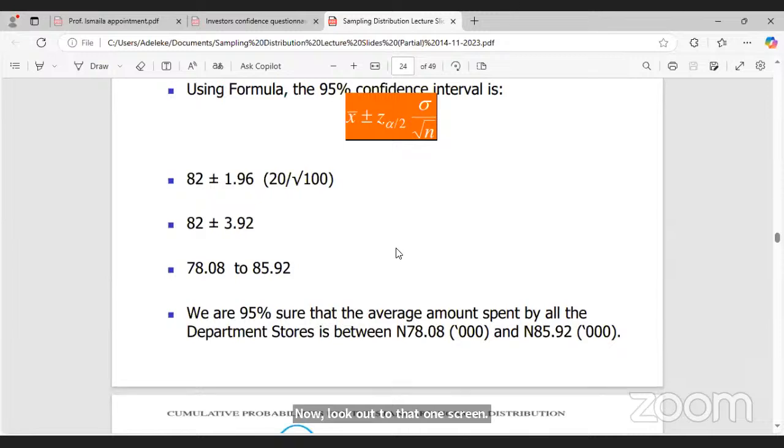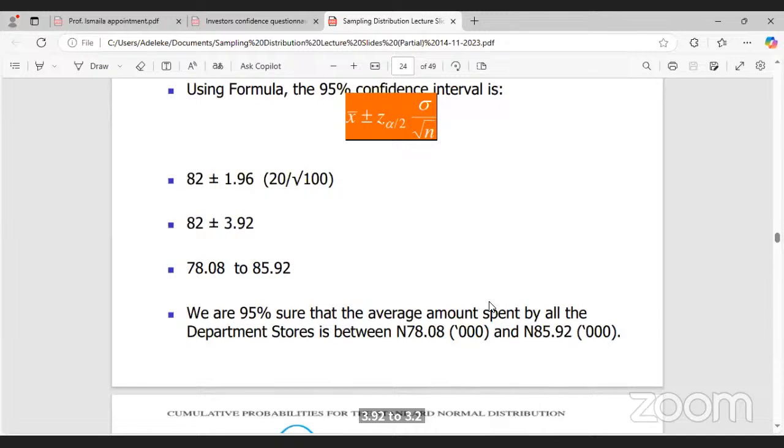So we got 78 as the lower limit. That is after subtracting 3.92 from 82. And then we got 85 as the upper limit after adding 3.92 to 82. Now look at the explanation there.